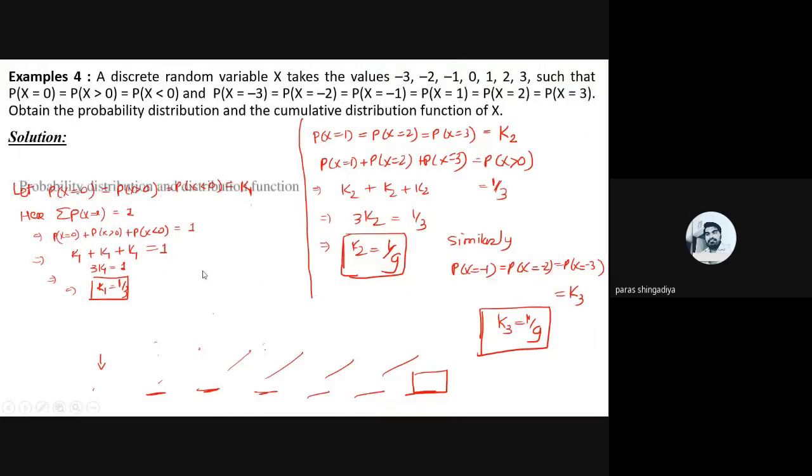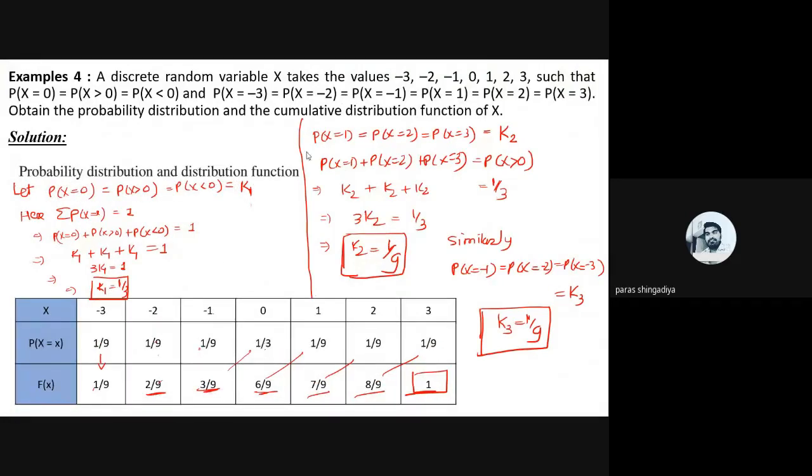Now this example here. In this example, the random variable values are given: -3, -2, -1, 0, 1, 2, 3, and probability conditions are also given. The probability for x equal to 0 is equal to the probability for x greater than 0, and that is also equal to the probability for x less than 0.